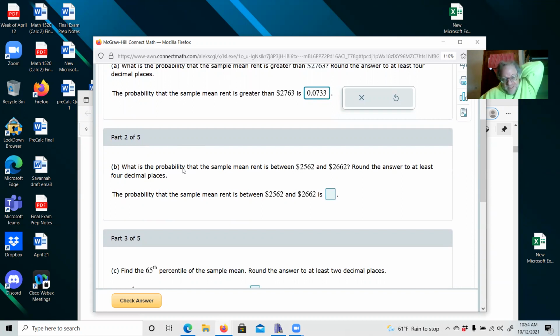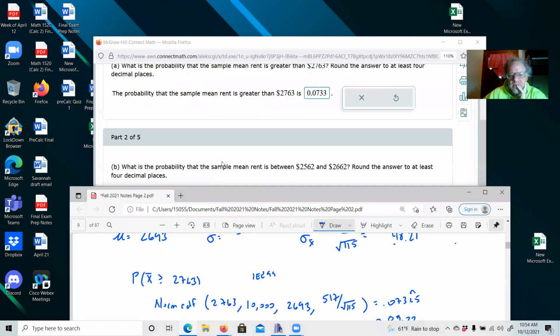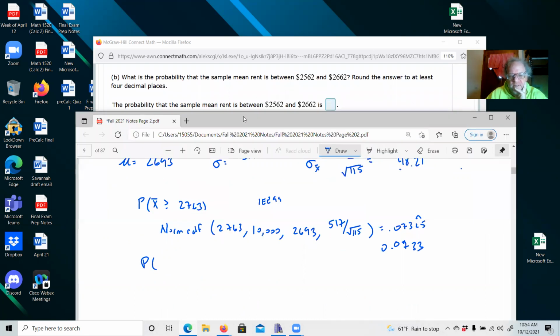What is the probability that the sample mean rent is between these two numbers? Round to at least 4 decimal places. Okay, so it's not going to be so bad. We want to know the probability that we are between 2562 and 2662.